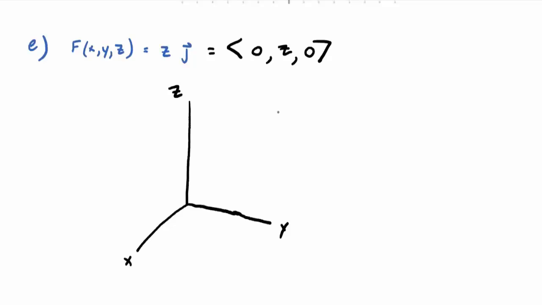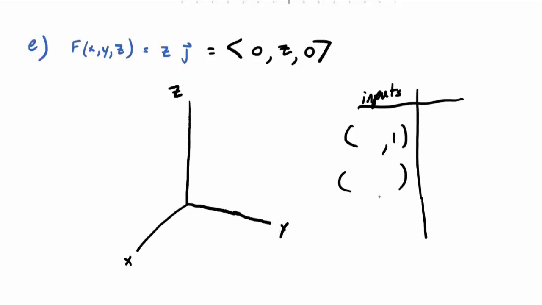Okay? So here's the thing. If you wanted to select some convenient vectors to draw, one way to do it would be select inputs from the same height, the same z value, right? And then they would all be the same vectors. So let me give you an example. Let's pick points that all have the same z coordinate, a 1. And then it doesn't matter what the x and y coordinates are.